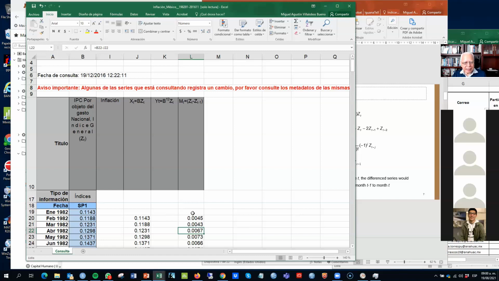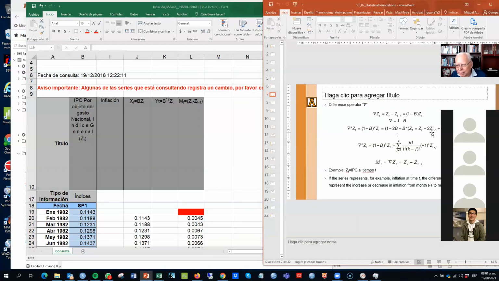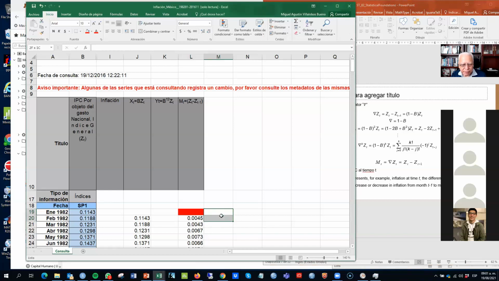Again, notice that when I take one difference, I lose one observation. See here, I don't have this observation now. For the second difference, look at this equation on the presentation: I need Z_{t-1} and Z_{t-2}. So if I take a second difference, I lose 2 observations.